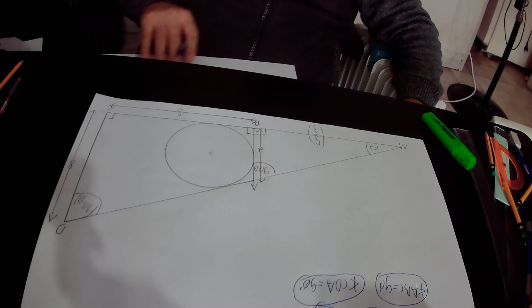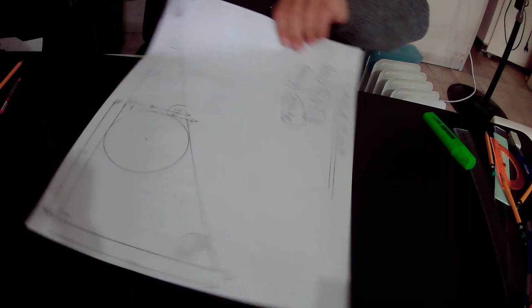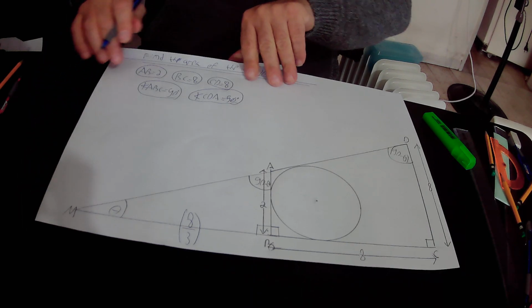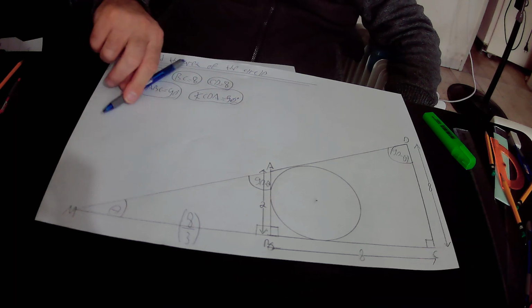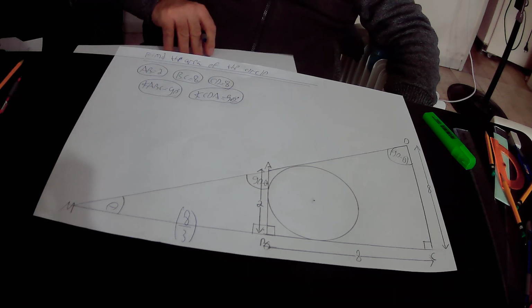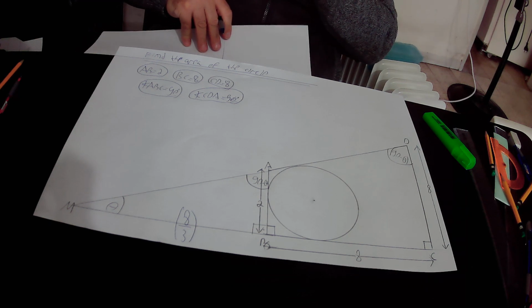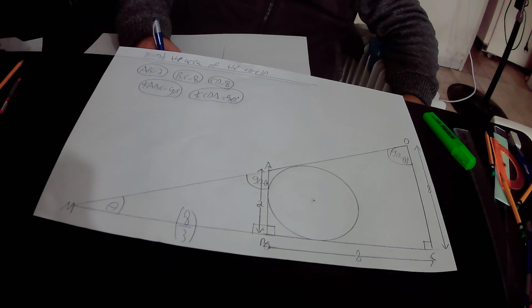In the next step, we'll implement the Pythagoras theorem on the small right triangle, triangle MBA. Here PT is the abbreviation for Pythagoras theorem.